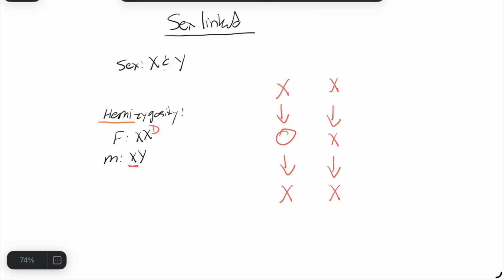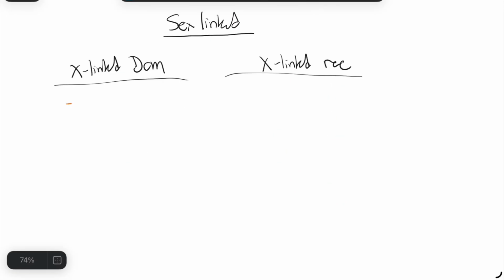Now, if it's X-linked recessive, this has the potential to skip generations, because the female, like we said, can be a carrier, where they can then give it to their son in the next generation, but their mother prior and them were not expressing it. So if we had to summarize all of these points, X-linked dominant will always show.